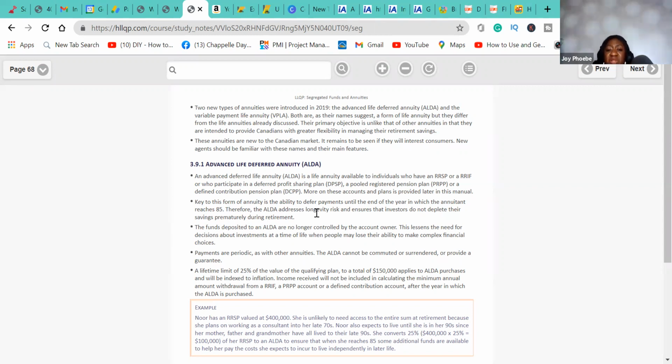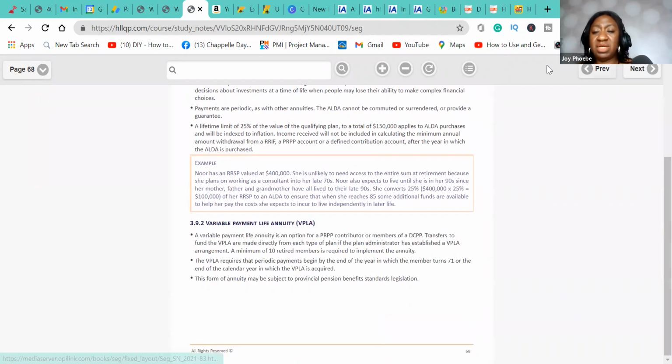The key point is that it allows payment to be deferred till the annuitant reaches age 85 before you start receiving payment. This kind of annuity is good for people who want to be sure they don't run out of money.